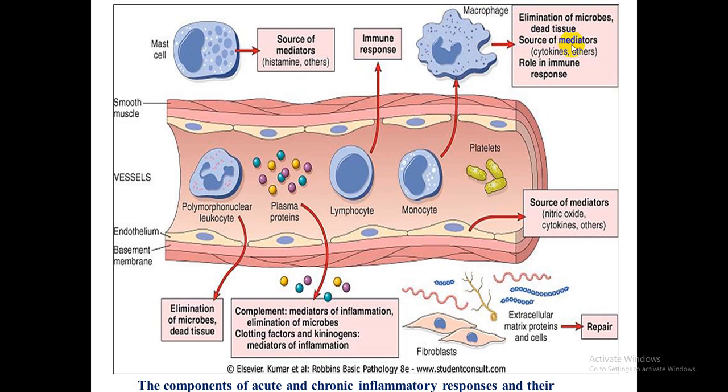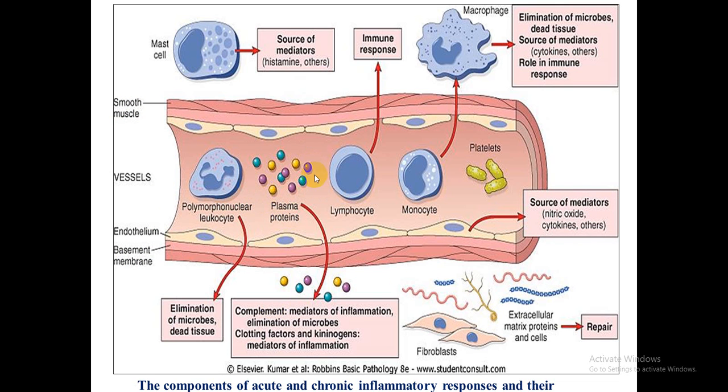They are a source of mediators such as cytokines and other mediators, and they have other immune responses. Also the cells of the blood vessel wall, including smooth muscle cells, endothelial cells and basement membrane. Endothelial cells are considered a source of mediators such as nitric oxide, cytokines and others.